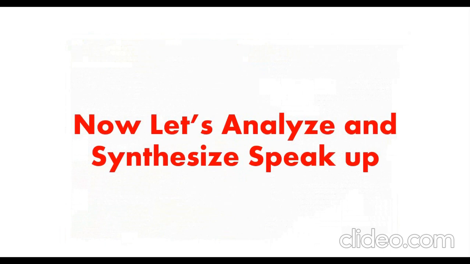Now, let's analyze and synthesize, Speak Up. First, we memorize, then understand and apply. After that, we need to analyze this information and then synthesize it to master our learning or to learn how to construct our own conversation.